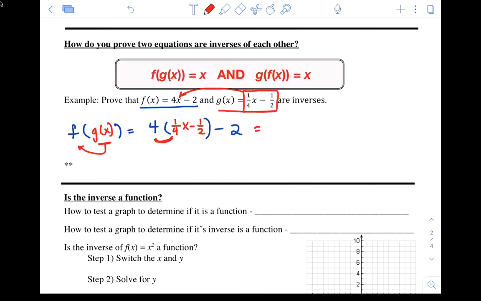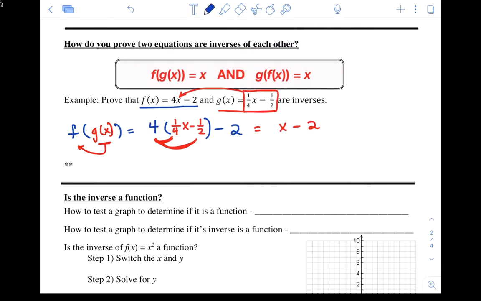So 4 times a fourth x ends up with 1x. We're already off to a really good start. Let's keep going. 4 times negative 1/2. Half of 4 is 2. So negative 1/2 of 4 is negative 2. So this is negative 2.